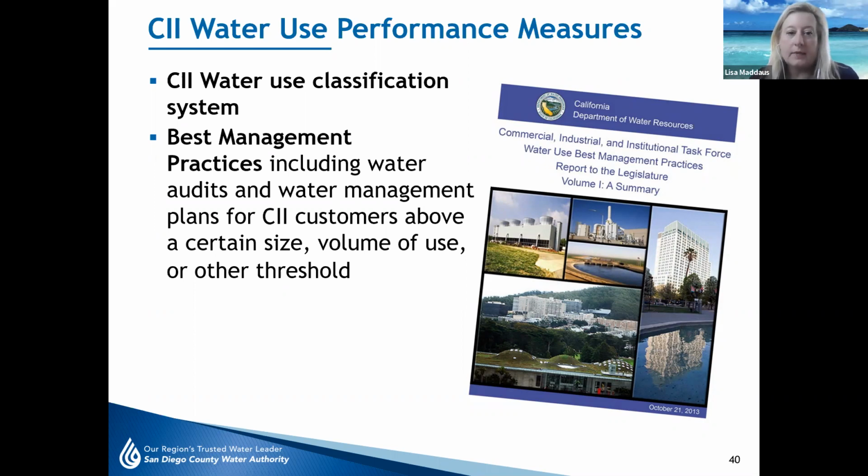The other element is best management practices, including water audits and water management plans, which are called out in the legislation for CII customers above a certain size, volume of use, or other threshold. These are recommendations from the CII task force, also called out in the legislation. So DWR is beholden to look at those recommendations and try to actualize them within principally the BMP practices part. Next slide.